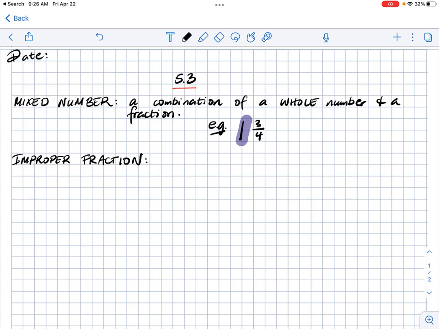An improper fraction is a fraction where the numerator is larger than the denominator. That's what makes it improper.